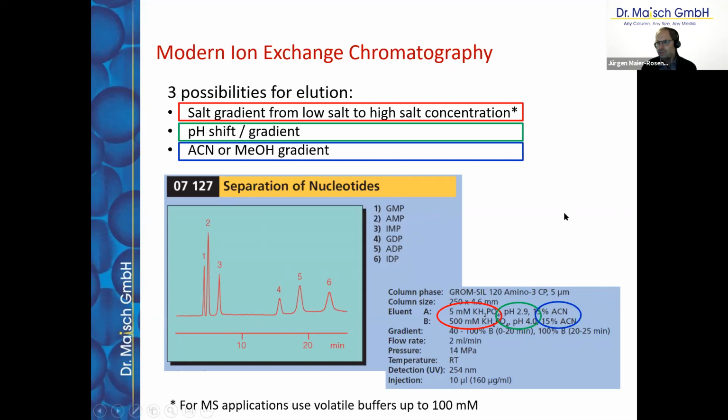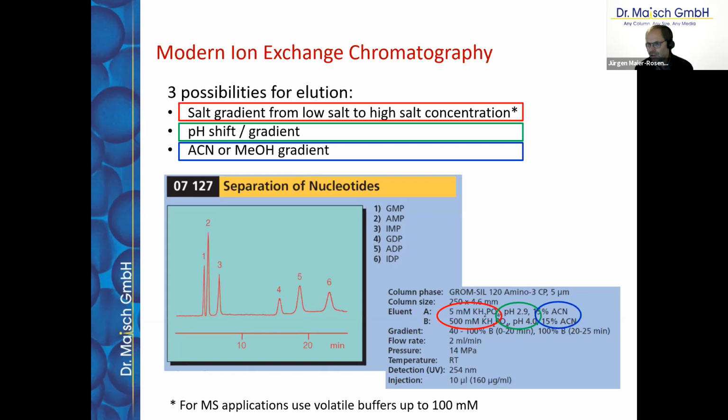And if we look especially at the blue area, the organic modifier, that's exactly the same elution procedure which we use in reverse phase chromatography. The effect of the acetonitrile is that if we increase the acetonitrile concentration, the dissociation of the ions goes back, and if you have less dissociation, you have less interaction, because you are reducing the charges of your molecule.